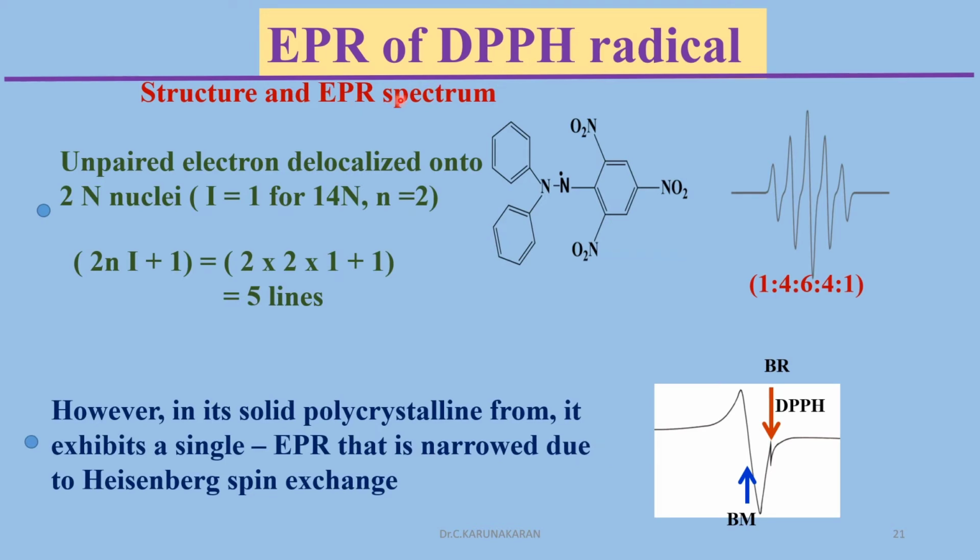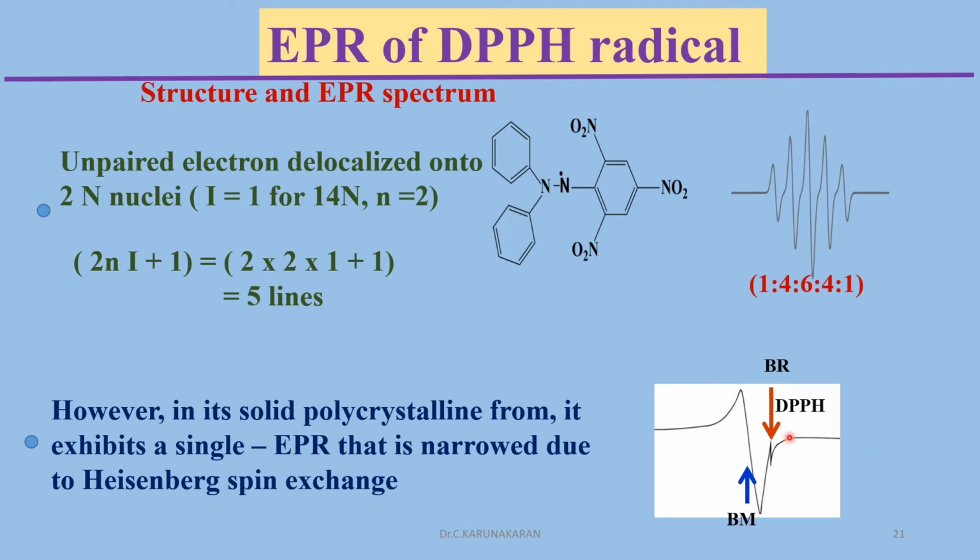Here we will study the EPR of the DPPH radical. It is an EPR reference compound similar to TMS. Tetramethylsilane is the NMR reference compound; diphenyl picryl hydrazyl radical is a reference for EPR. It is a field marker. For example, this is the EPR spectrum of an exchange coupled copper complex.